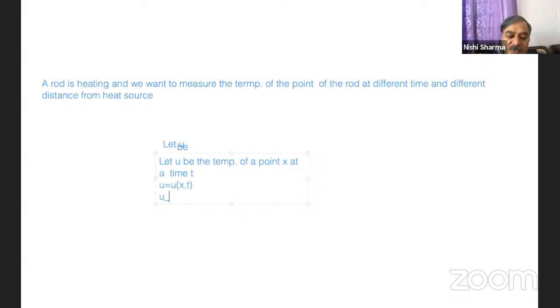If I ask for the rate of change of temperature, you should ask me in which direction you want it, x or t. If I'm asking with respect to time, then it will be the partial derivative of u with respect to t, which we denote by u suffix t.